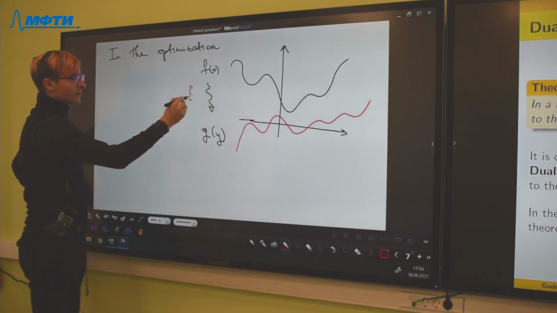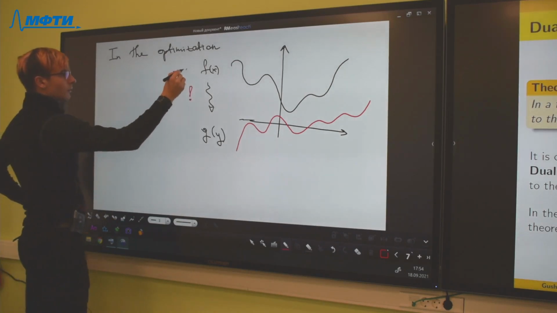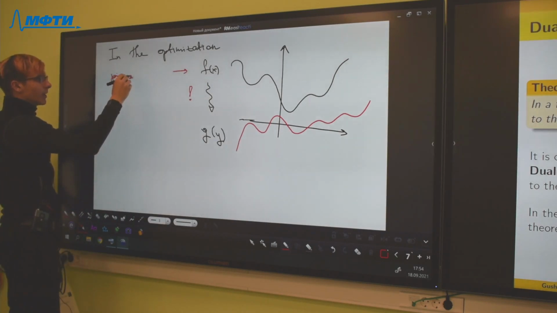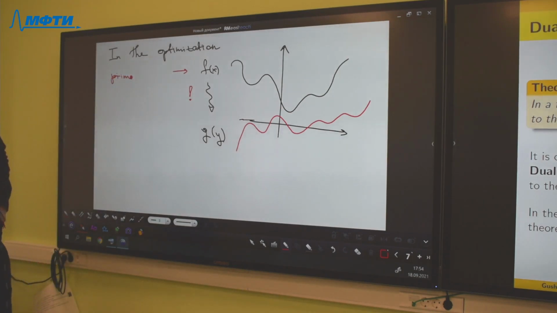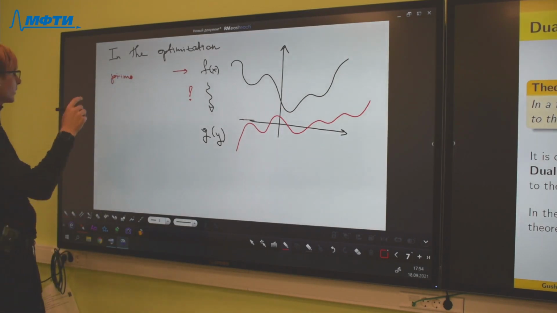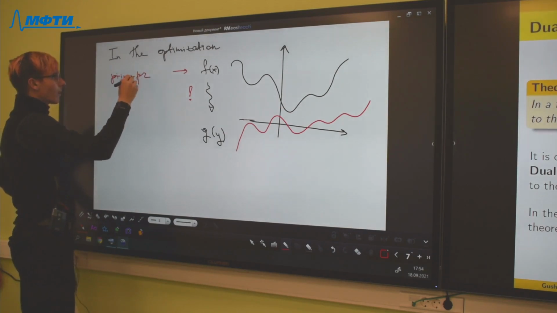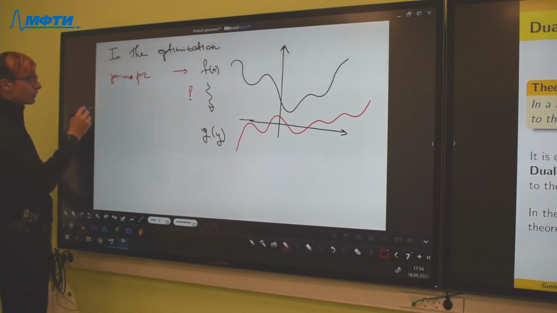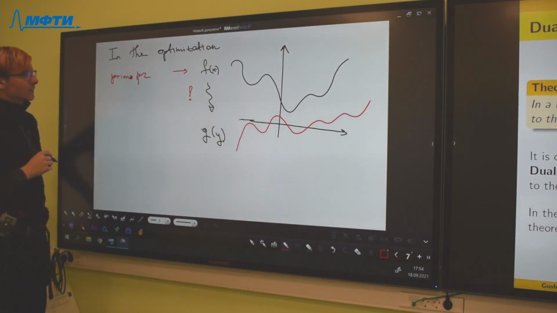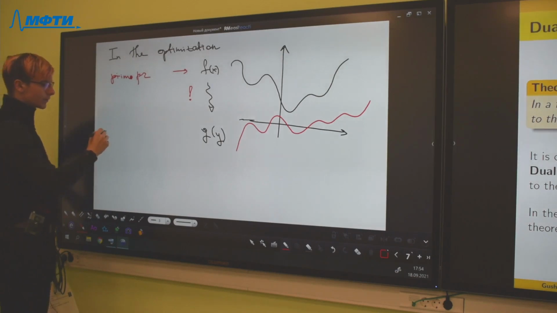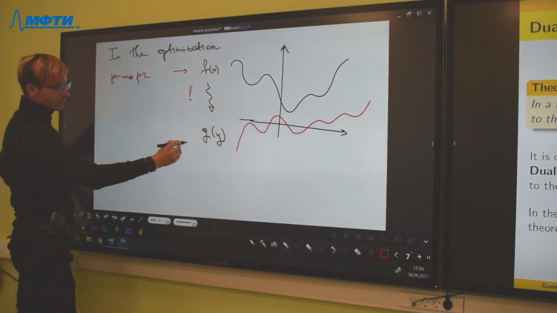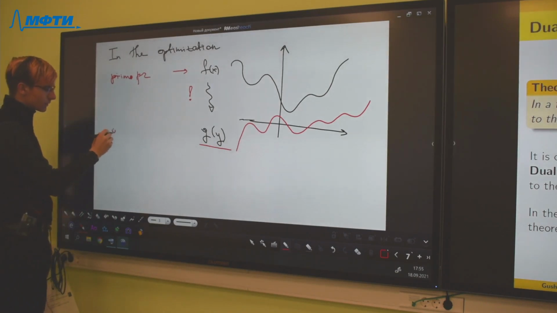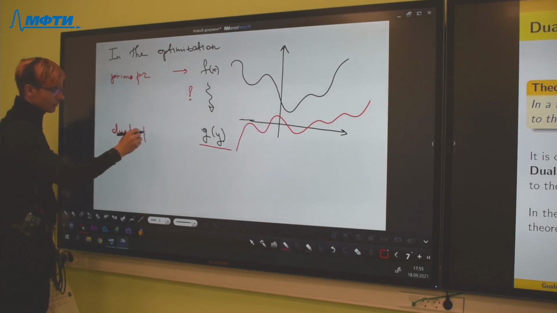transformation that we can get of the primal problem. To understand how we can bound this problem, we need to compute this number, and it is the dual problem.